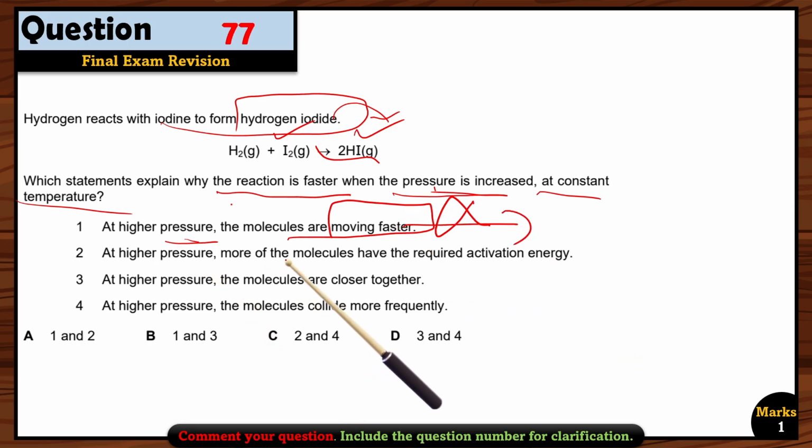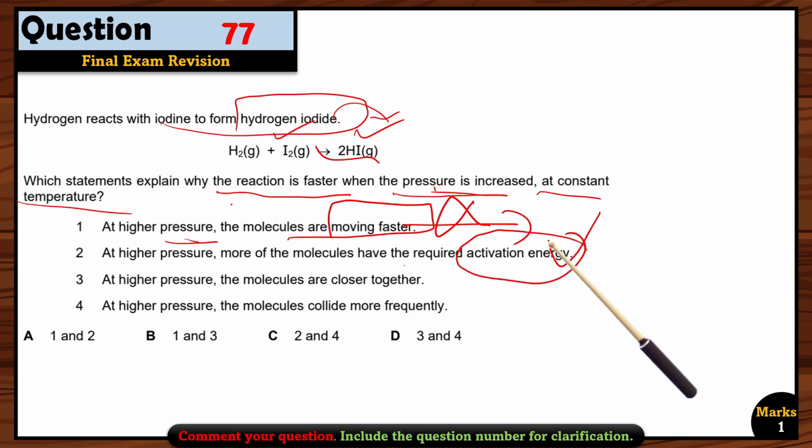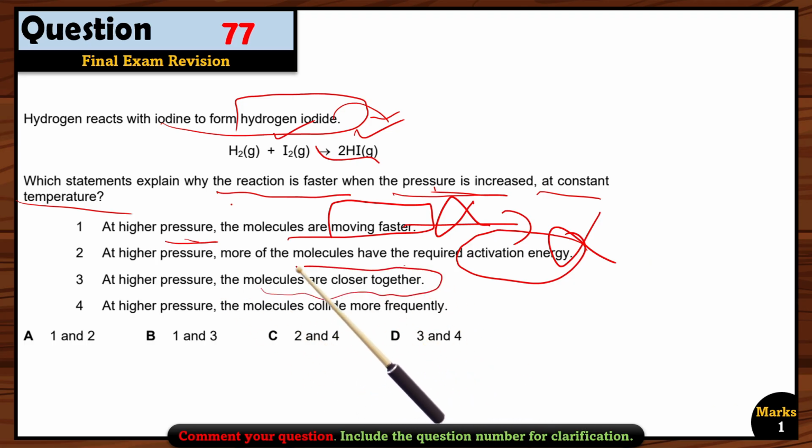At high pressure, more of the molecules have the required activation energy. Again, wrong. Activation energy is actually for the system, not of the particles. So this option is wrong. At high pressure, the molecules are close together. Yes, this option is right because at high pressure the volume decreases, so more particles come close together.